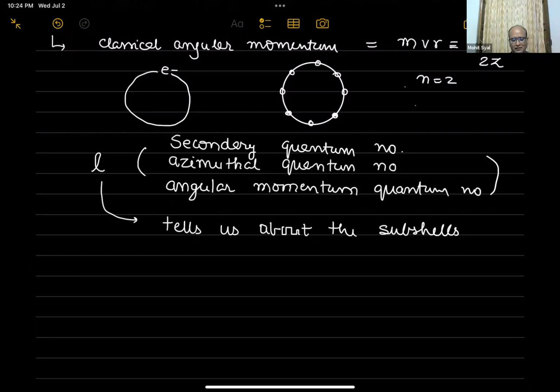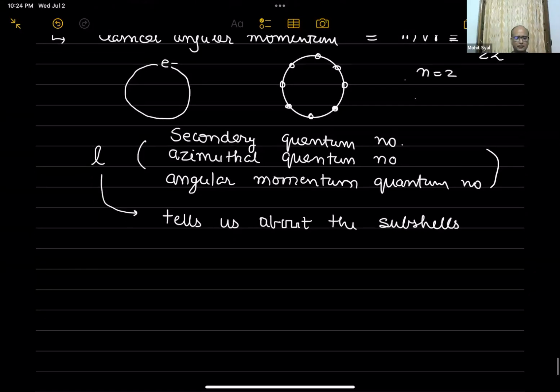We used to put dots in junior classes, and everybody loved to draw these structures with color pencils. Now we know that life is not so easy, it has become very difficult. These electrons are actually present in subshells.